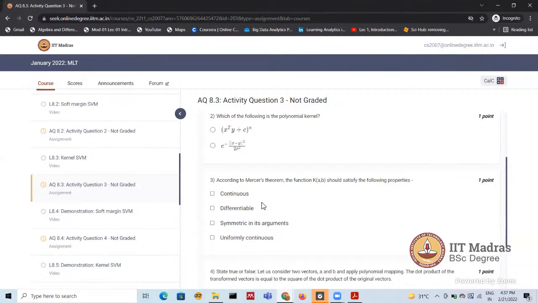No, my question is, all the derivations, everything we talk about, is in the context of the normal dot product, right? But when it comes to Mercer's theorem, the definitions are talked about in terms of inner products. Correct. Inner product means the dot product is one of the inner products.